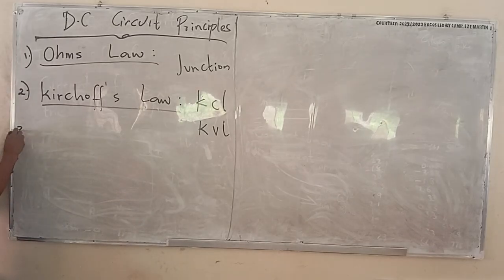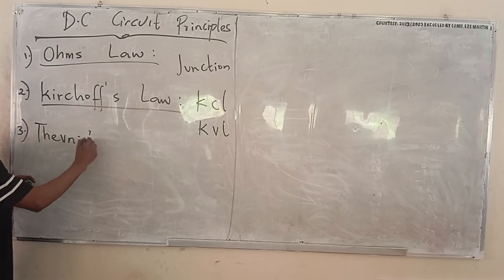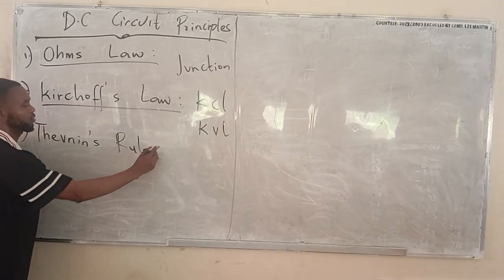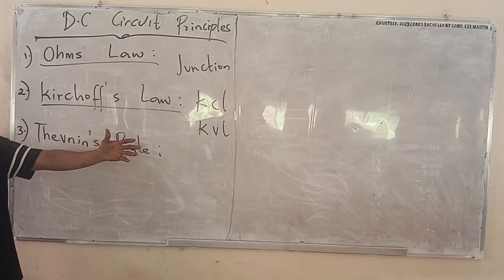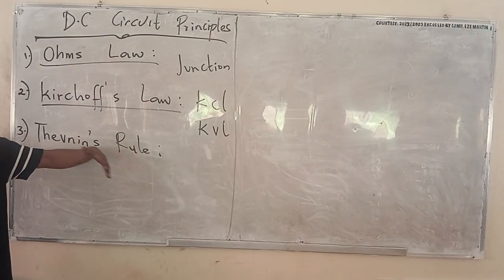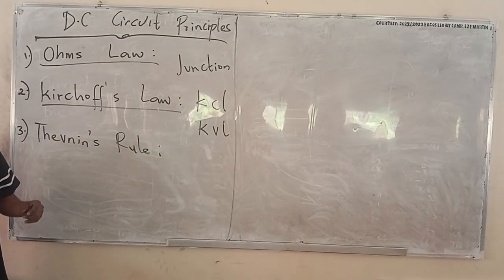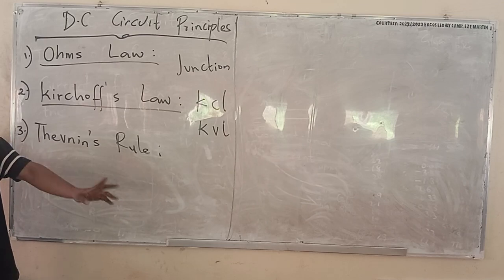Now, for number 3, which is Thevenin's rule. His rule simply says that for a linear circuit with two or more resistors and voltages, a circuit can be created for the resistors and voltages with just Thevenin's resistance and voltage.